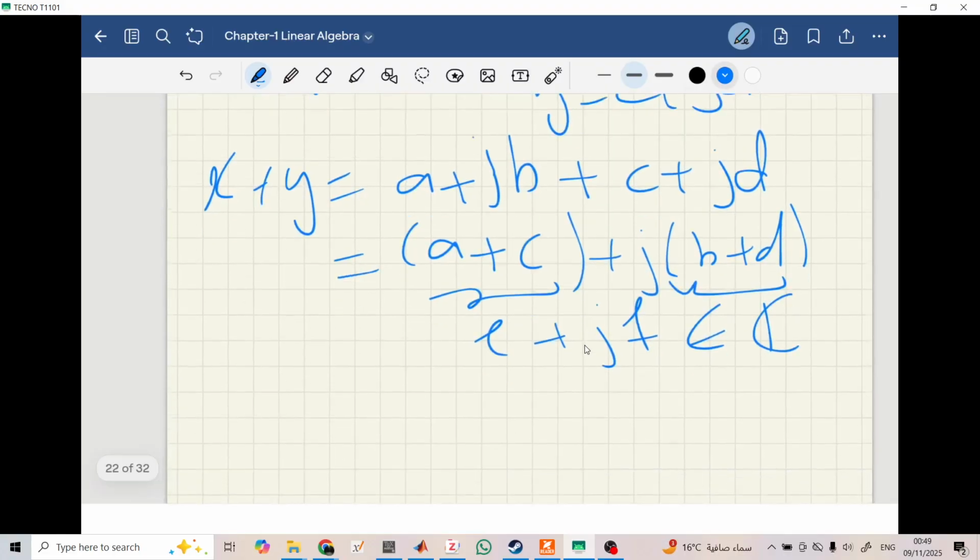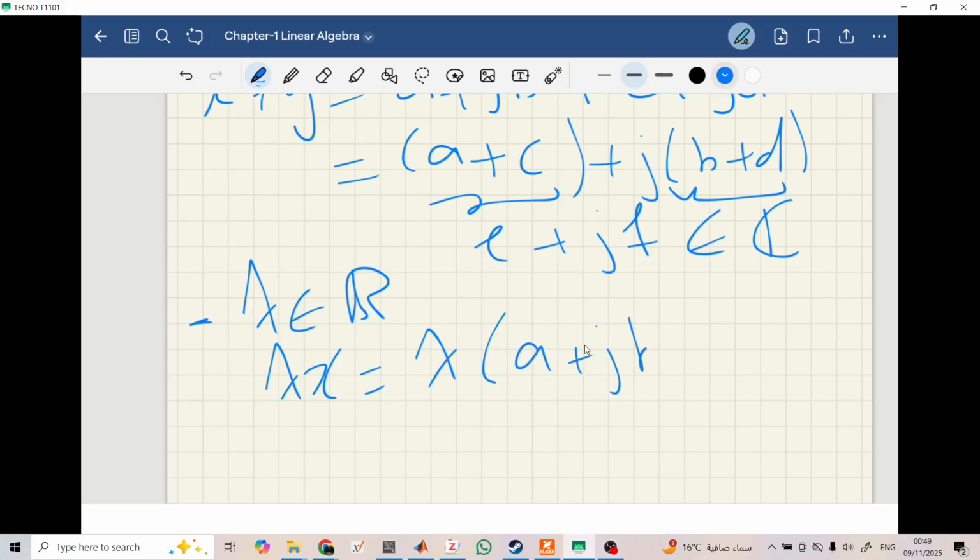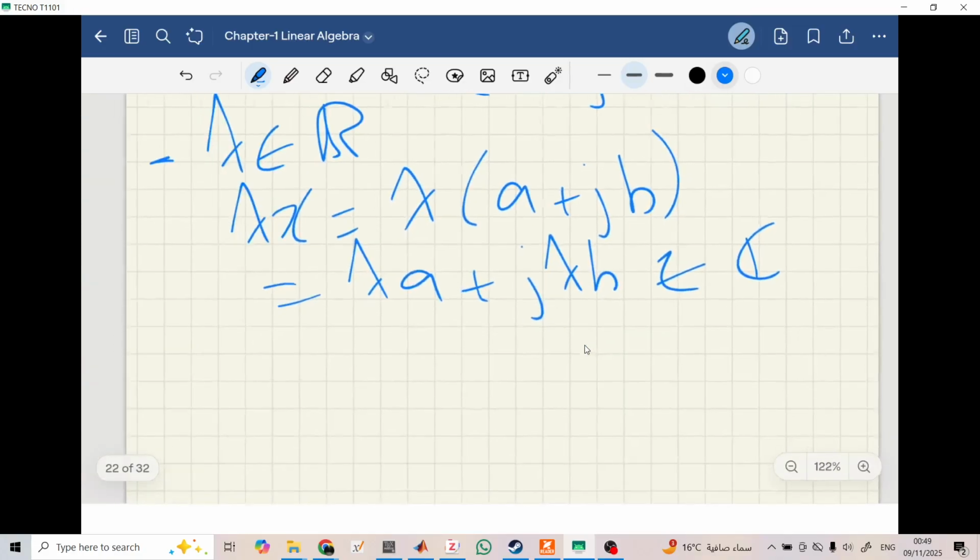Very simple. Now say lambda belongs to R, and lambda x is lambda times (a plus jb), which is lambda a plus j lambda b, and this again is in the complex set. No problem with that.